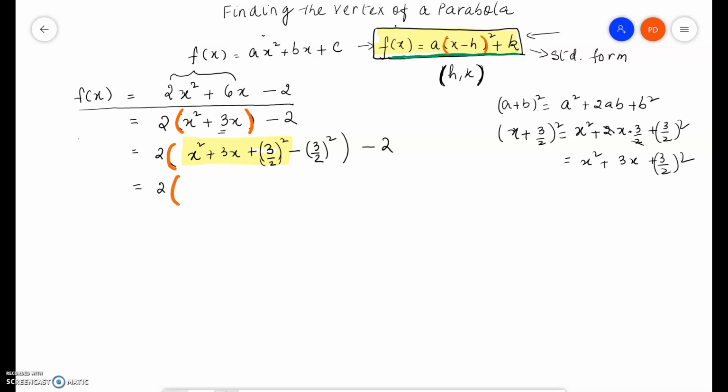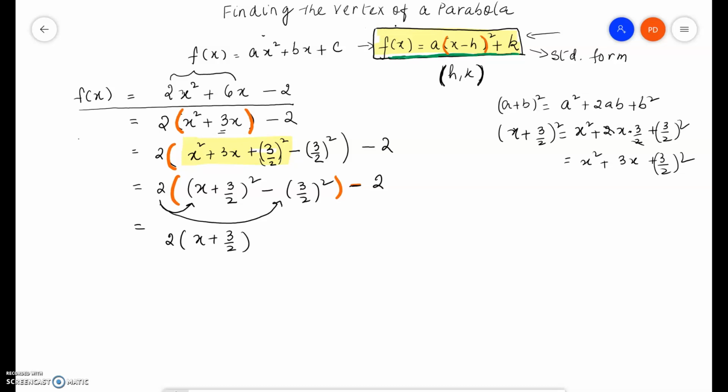So we have a whole squared sitting inside the parentheses. The 3 highlighted terms together form x plus 3/2 the whole squared minus 3/2 squared, because that's the extra term, minus 2. Now we distribute the 2 to get 2 times x plus 3/2 the whole squared minus 2 times 3/2 the whole squared minus 2.